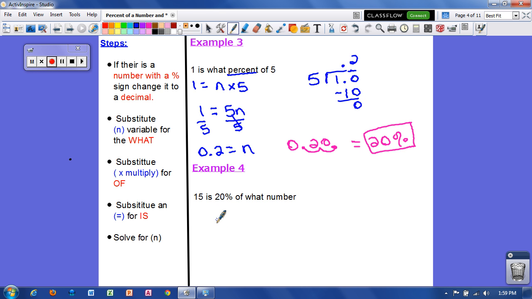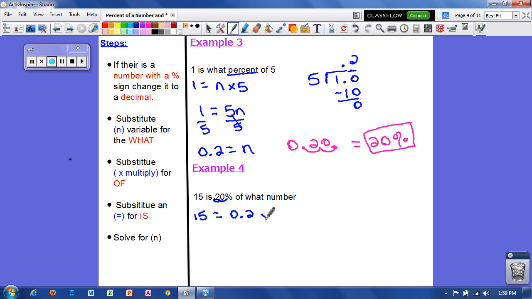All right, example 4. 15 is 20% of what number? So I'm going to write my 15. Is means equals 20%. Remember, if we have a percent, we want to change it to a decimal. A percent to a decimal, paddle to the left. So I'm going to move that decimal over 2 places. And I get 0.2, which you could actually see here is the same thing.